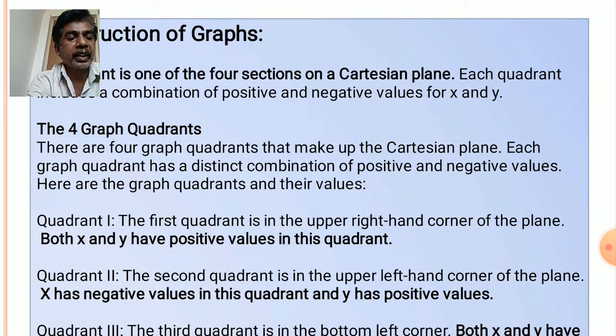The vertical line is called the y-axis, usually denoted by OY, and the horizontal line is called the x-axis, usually denoted by OX. A graph is divided into four parts, namely four quadrants.